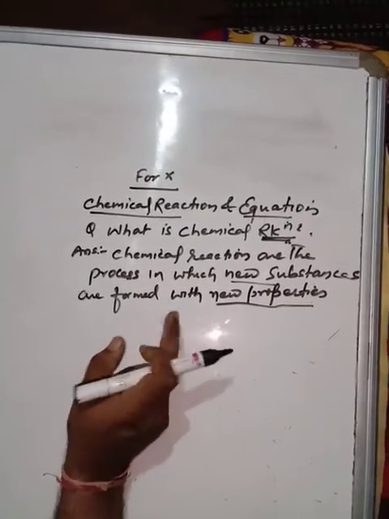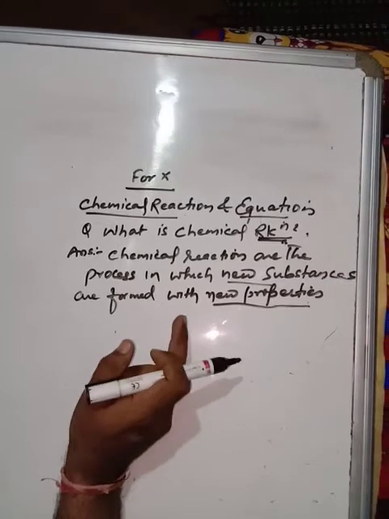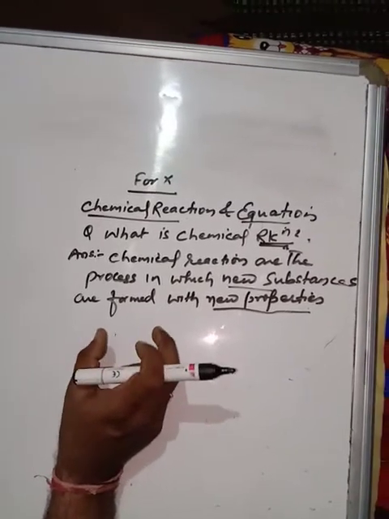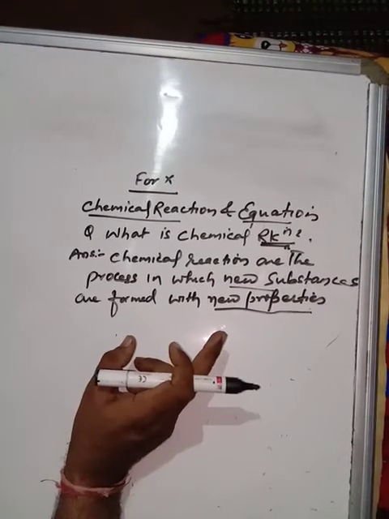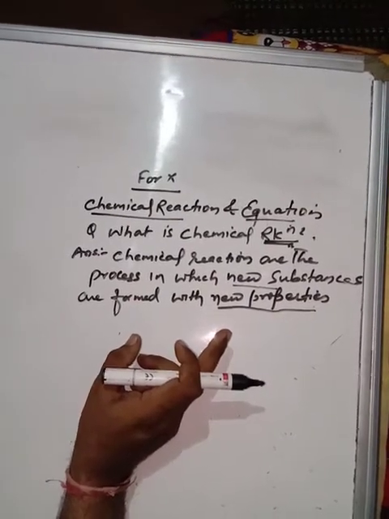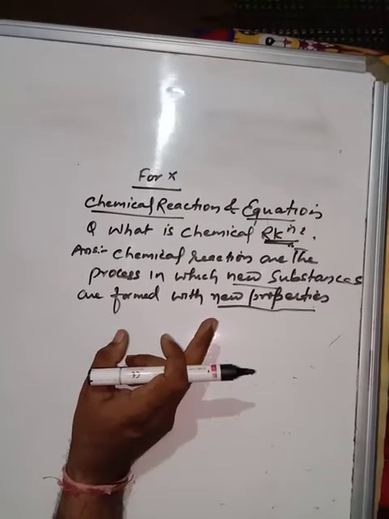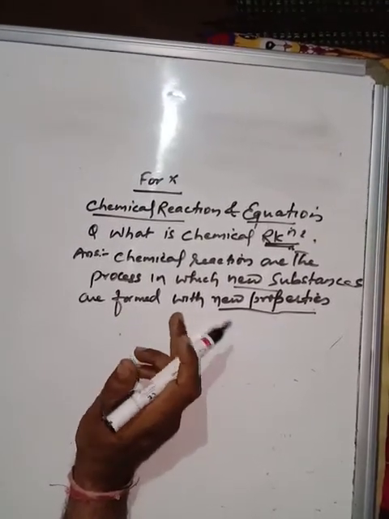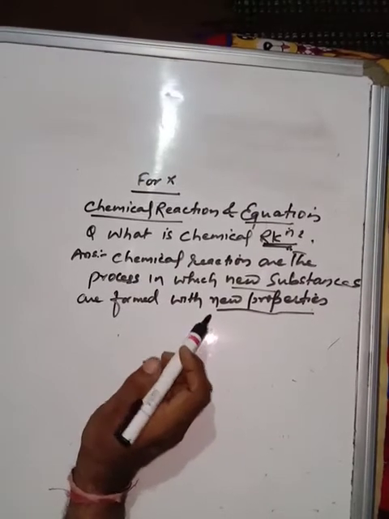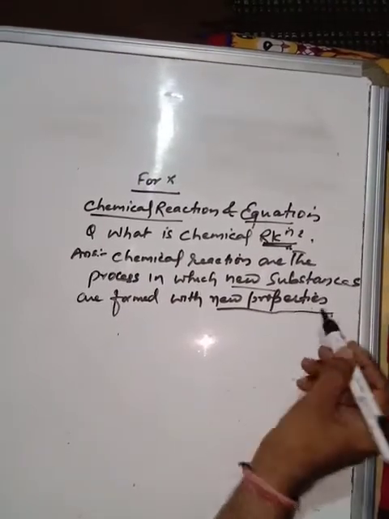Suppose magnesium plus oxygen: magnesium is separate from oxygen, but on burning the atoms mix with each other to form the stable compound, magnesium oxide. This is termed as new substances being formed, and if new substances are there, then in the compound form its properties will also change.